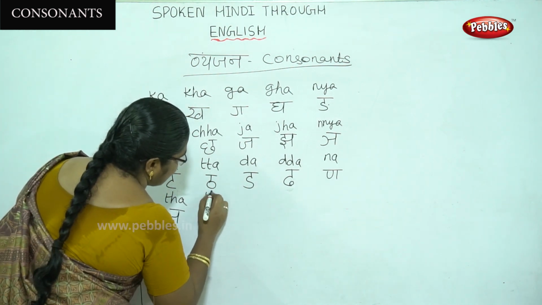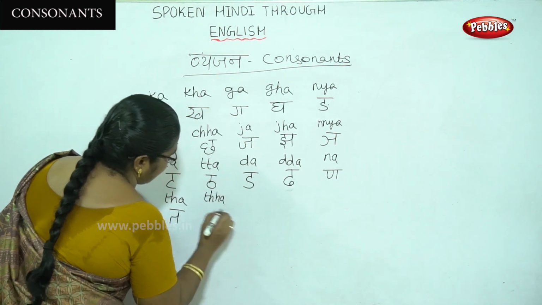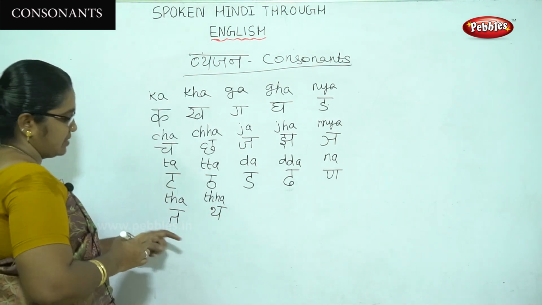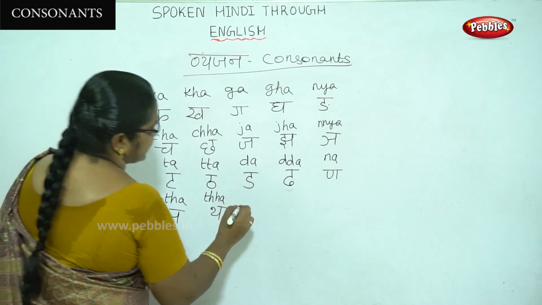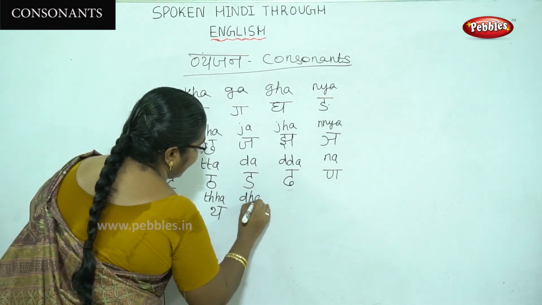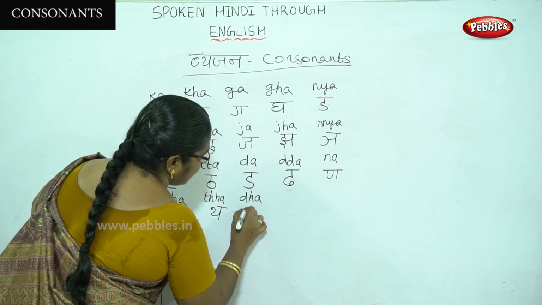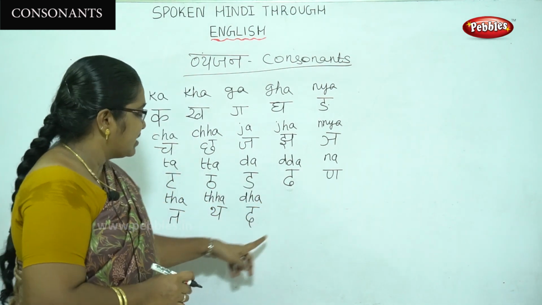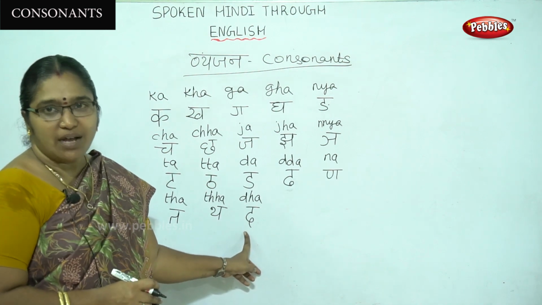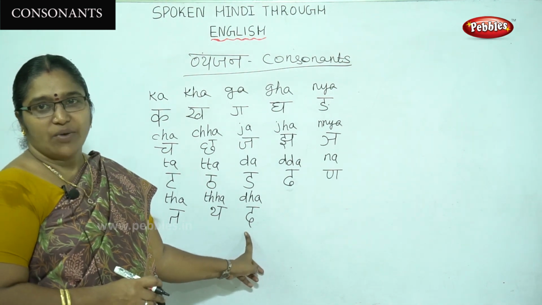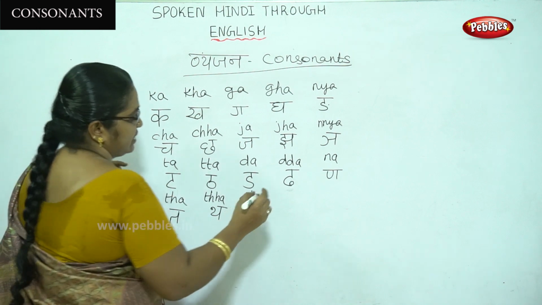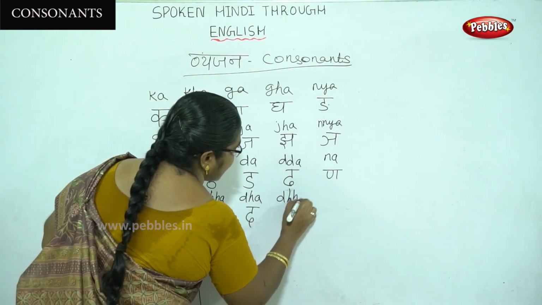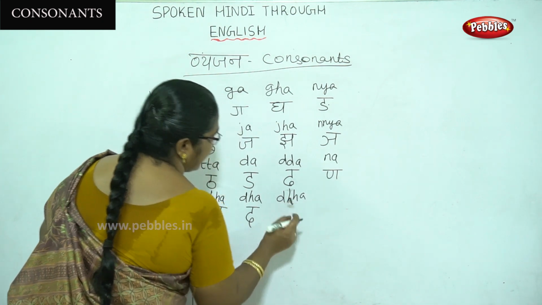The next is tha. The next one is da, for dadi, dada. This one is daddy, but this is da. The next one is dha.